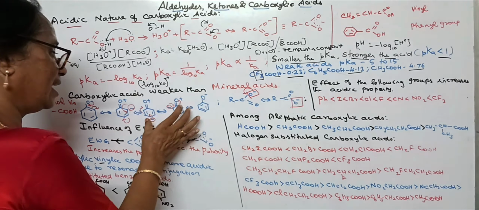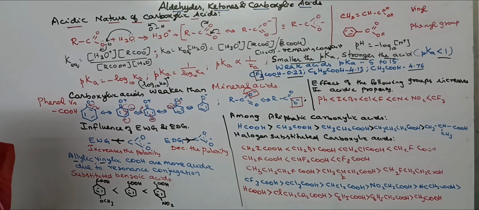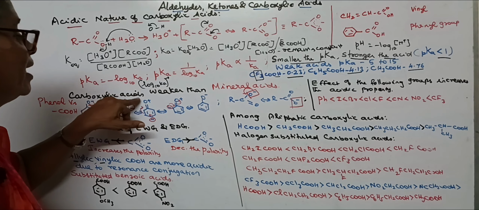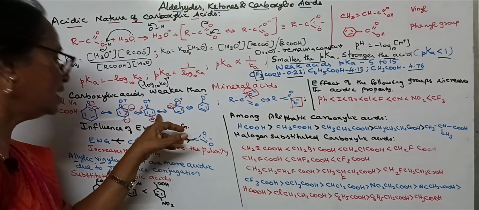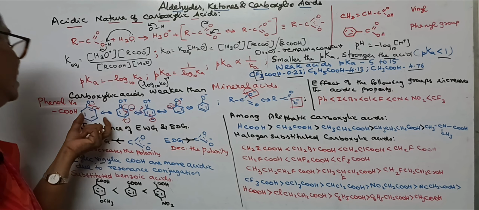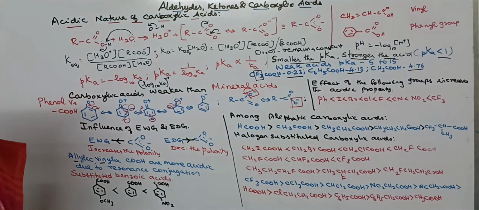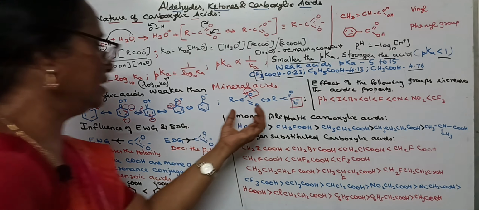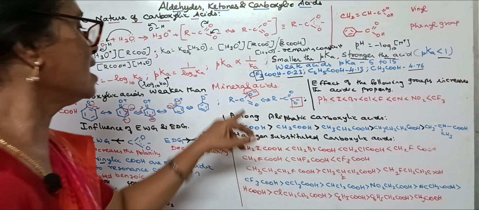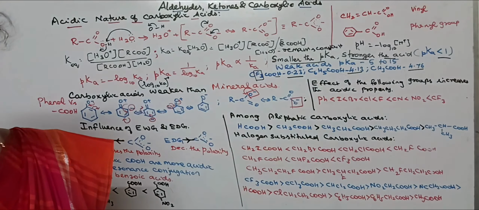So in this case, the delocalization of negative charge occurs between the most electronegative oxygen atom and the less electronegative carbon atom. Moreover, in the resonance contributing structure, oxygen acquires the positive charge. But in the case of carboxylic acid, the negative charge is present between the two oxygen atoms alone.